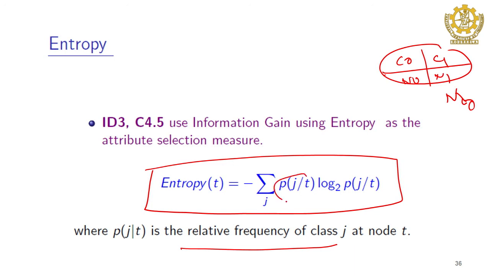The PJT, the relative frequency for C 0, will be N 0 by N 0 plus N 1. Then you take the log of this value, and here we take log base 2, and you take the summation over classes. Before that, you can see the formula for entropy has a minus, a negation. So, this is the formula for entropy.